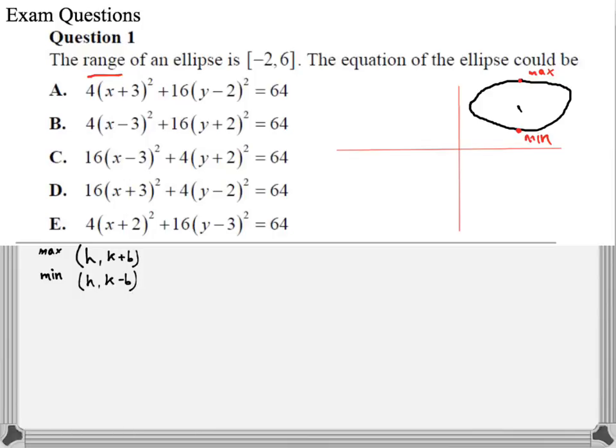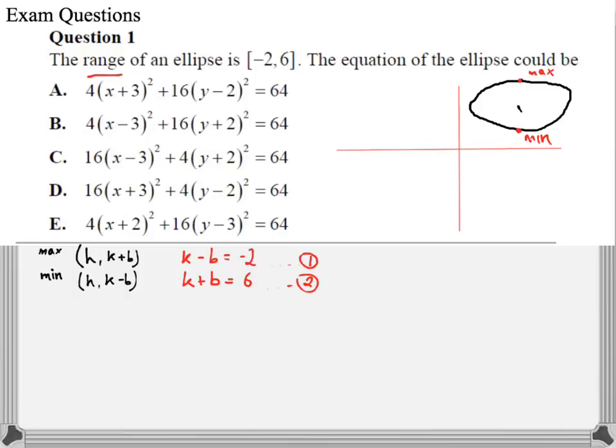So let's put those two together. The minimum of the y value is k minus b, and that's given as the -2 here. And your maximum y value, the 6, is made up of k plus b. Considering them as equation 1 and equation 2, I can solve that pair of equations using the elimination method.